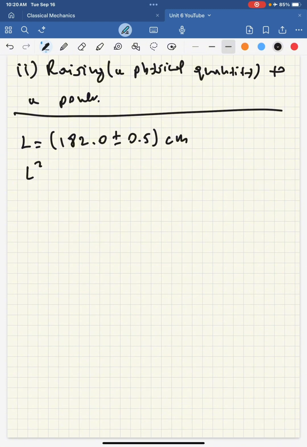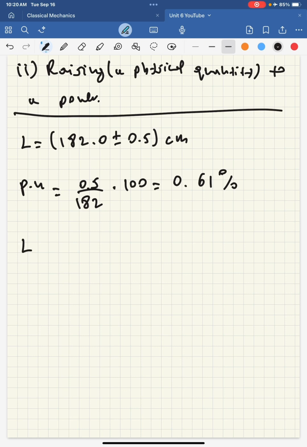To work with this, you need to take a few steps. The first step when you work with powers is to take the percentage uncertainty of your measurement. In this case, it's 0.5 over 182 times 100, and you find 0.61%. Then you write that L is 182 plus or minus 0.61%, and you don't write units now, or if you want to, you put the centimeters there.